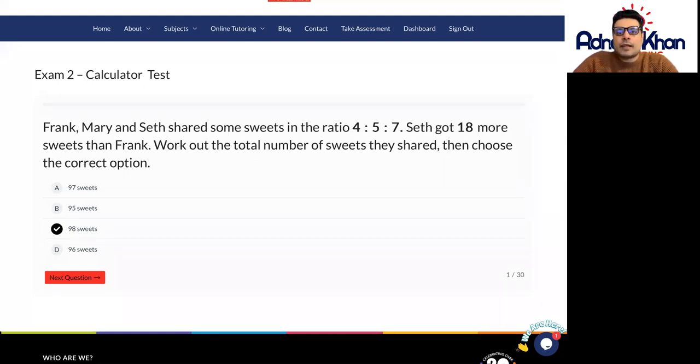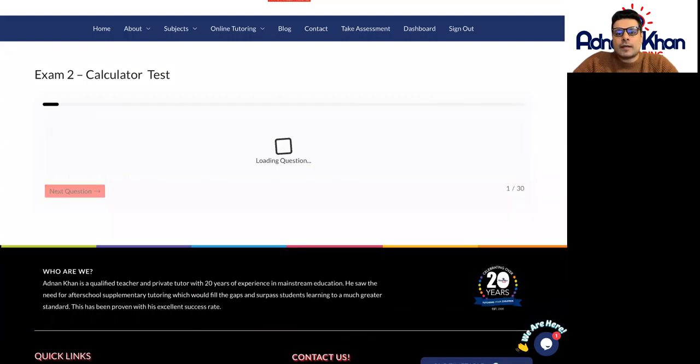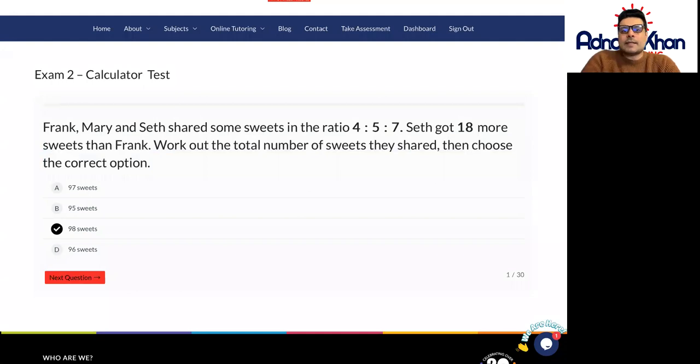So Frank, Mary, and Seth shared some sweets in the ratio 4:5:7. Seth got 18 more sweets than Frank. Work out the total number of sweets that they shared and then choose the correct option. So in this case, we have in total 4, 5, and 7.